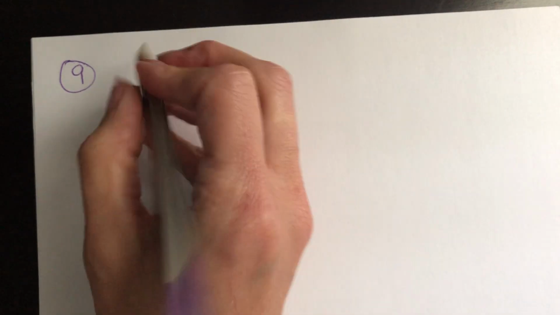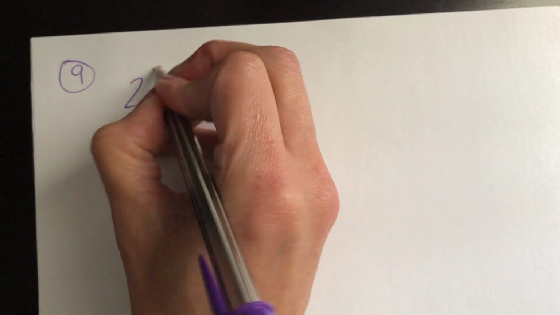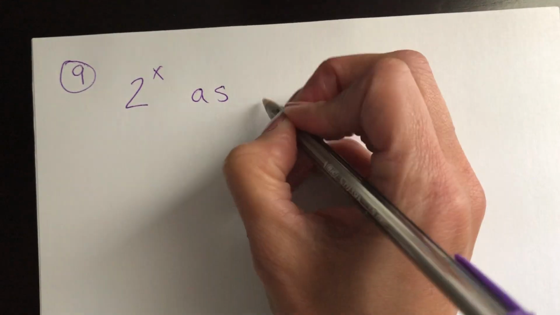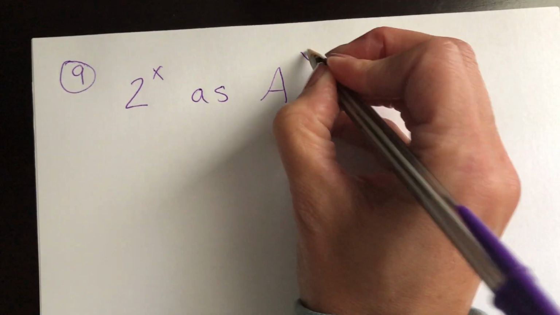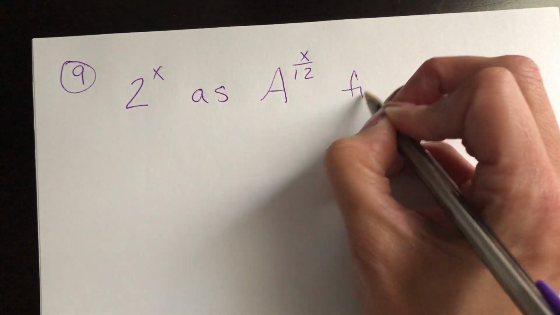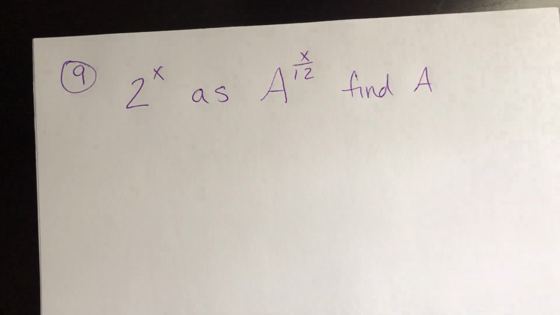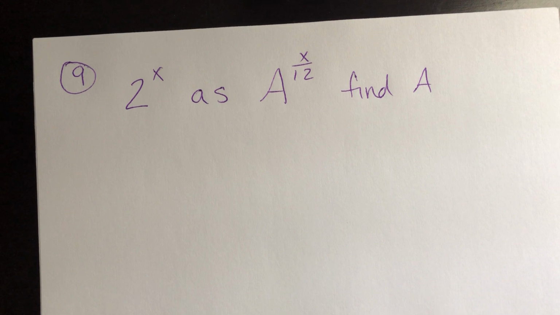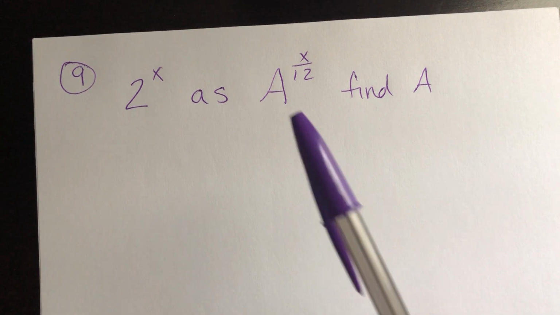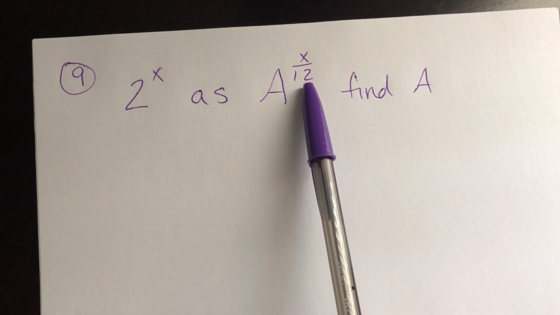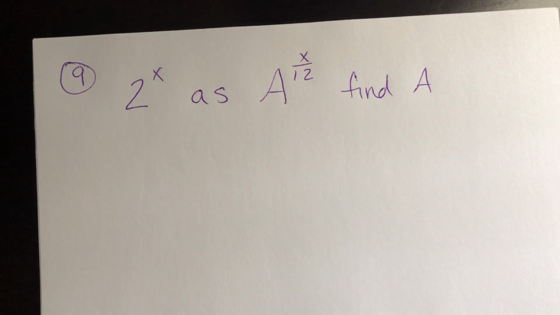Example 9 here. Okay, so now the exponent we're looking for is a fraction. So we're going to have to think backwards even more now.